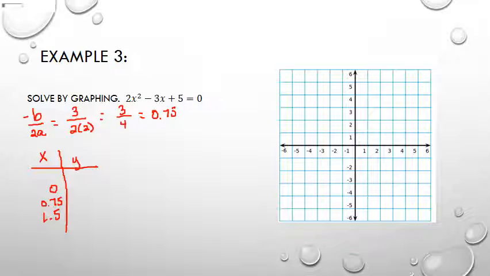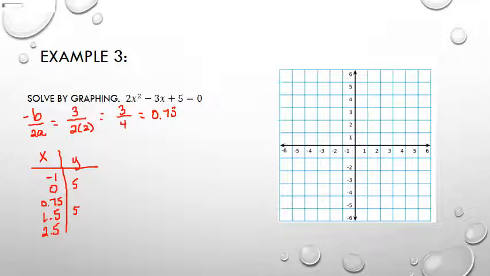Go down 1, -1, and go up 1. That's going to give me 2.5. Okay, so now I'm going to plug in 0. That's going to give me my c value, and that gives me 5. So I know whenever I plug in the 1.5, that's also going to give me 5.